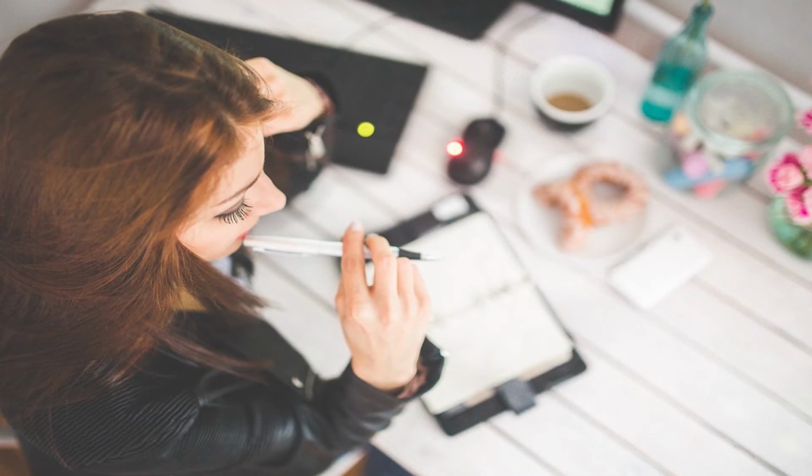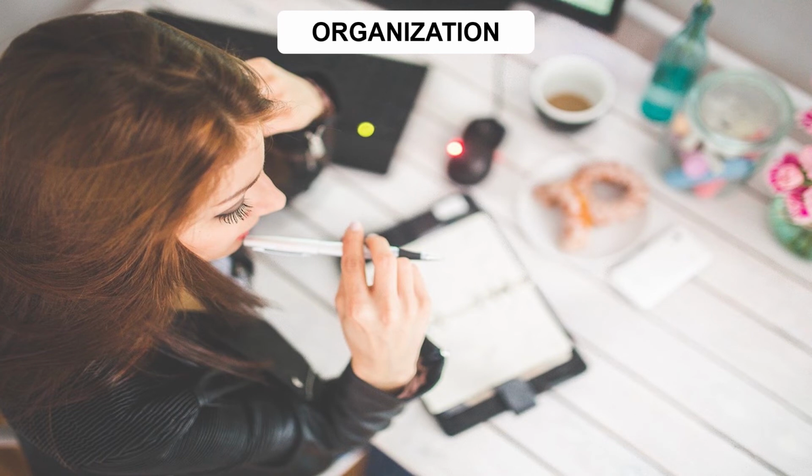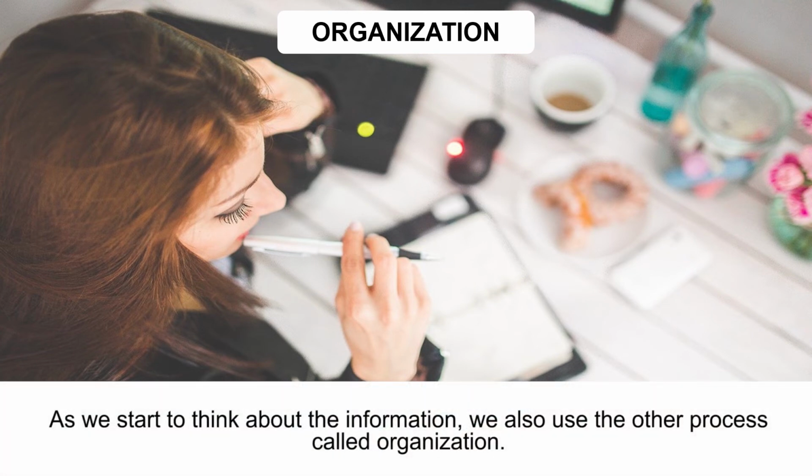So the next term that Piaget used was organization. Organization is when we start thinking about information gathered, the new schemas we are learning, interacting, the different schemas, the different processes that are taking place, then we start creating links between these different schemas.